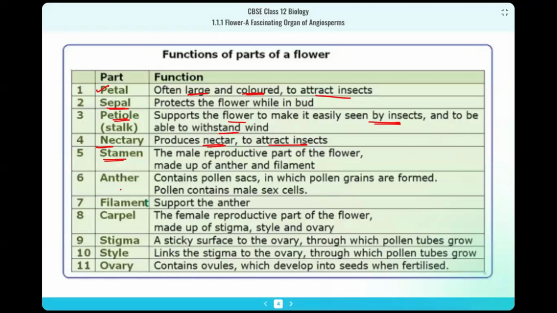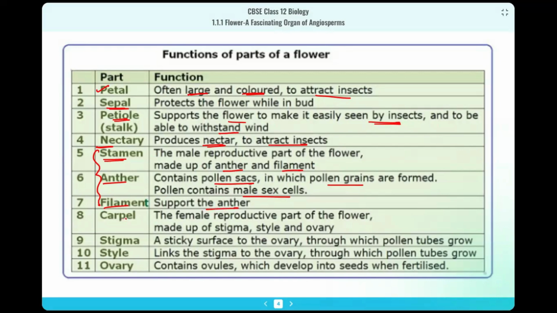The stamen, with the anther and filament together, represents the male reproductive part of the flower. The anther contains the pollen sacs in which the pollen grains are formed, and the pollen contains male sex cells. Coming to the filament, it supports the anther.